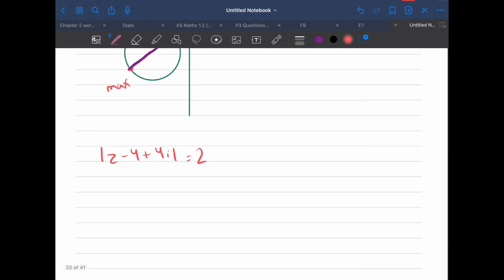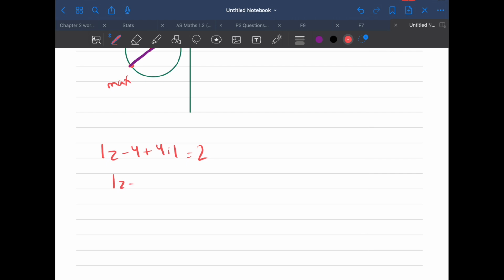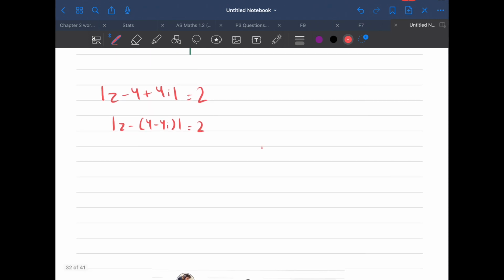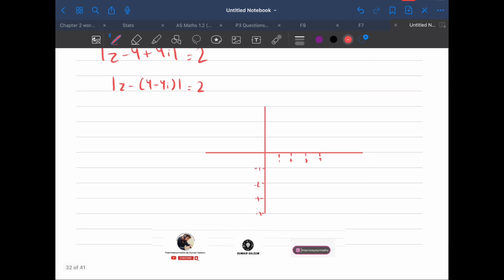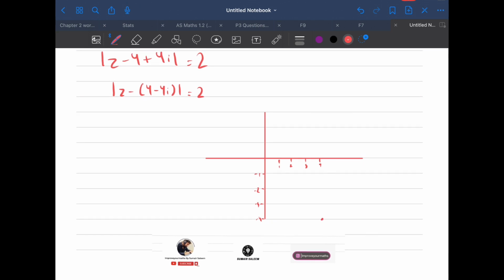Let's do one example. So here, let's take |z minus (4 minus 4i)| is equal to 2. Where will 4 minus 4i lie? It's going to lie here: 1, 2, 3, 4, minus 1, minus 2, minus 3, minus 4. So guys, it's going to lie here. 2 is the radius. Here is the radius 2 and 2. So you're going to make a circle like this.